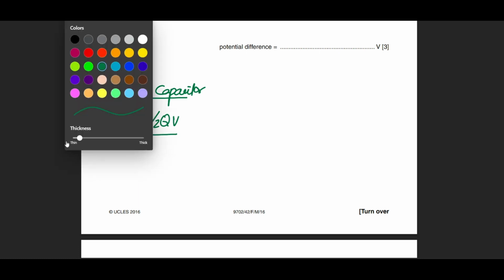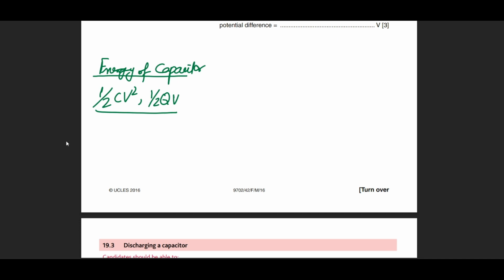One more point at this location is that sometimes the examiner asks you why there is a factor of half. If we draw a graph of charge and voltage, the battery does this much amount of work at a certain amount of charge and a certain amount of voltage.